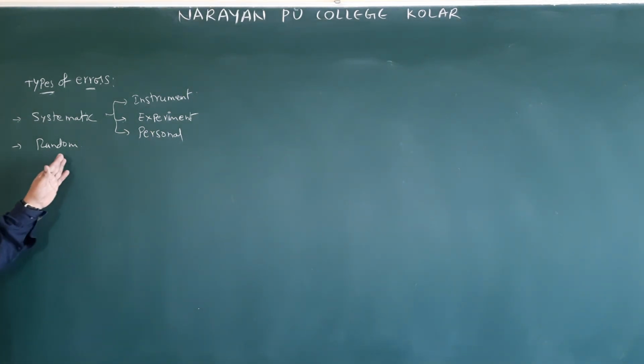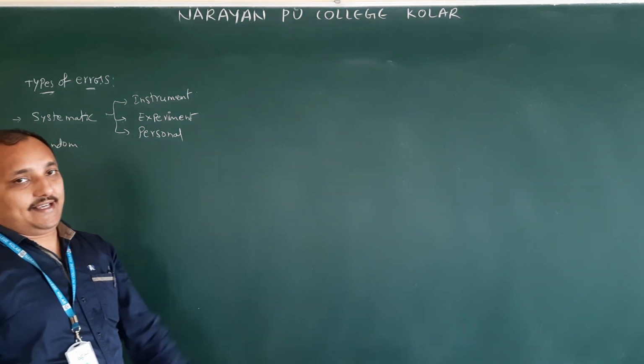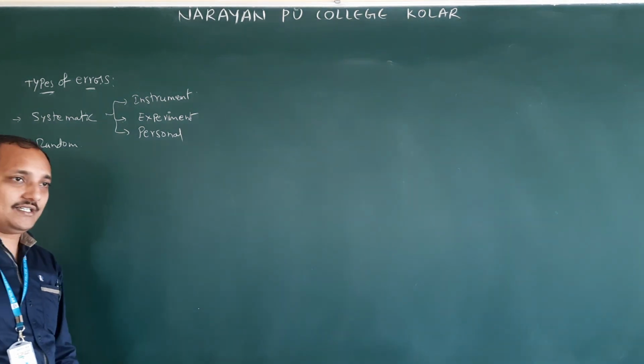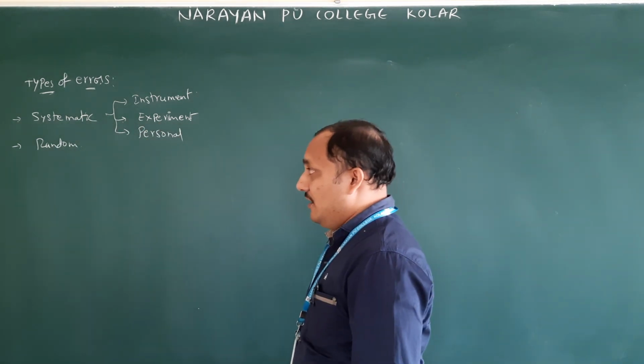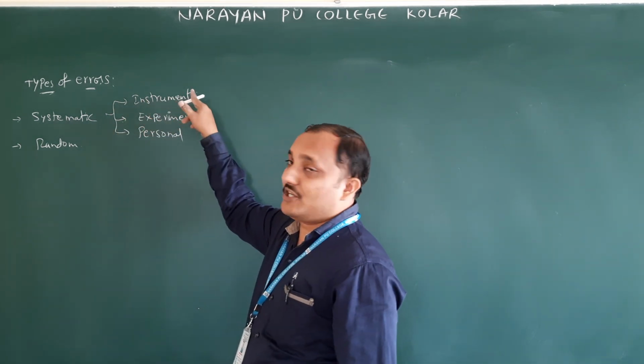Random errors are those which come irregularly in sign and size. They come irregularly because of surrounding changes: atmosphere, pressure and temperature all keep changing. Systematic errors come from the instrument, from humans, and so on.